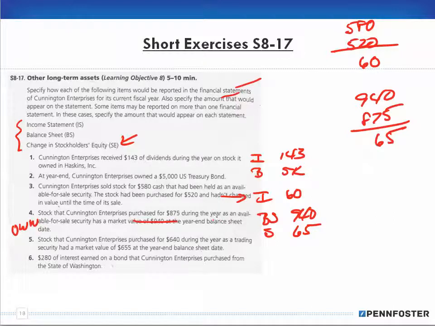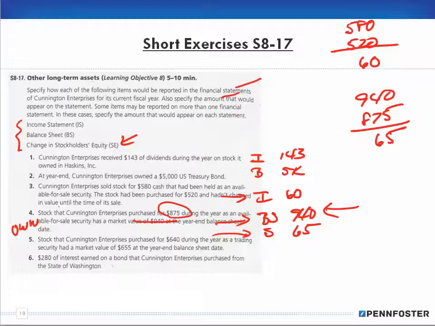And since the value of the stock went to $940, the change in the balance sheet would show that your stock would have $940, not the $875. And the difference between the $875 and the $940, the $65, would end up as a change in your stockholders' equity.